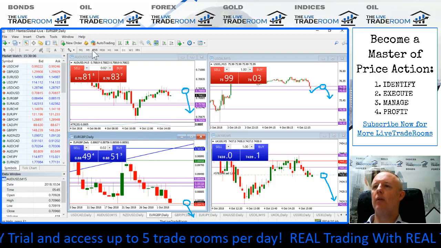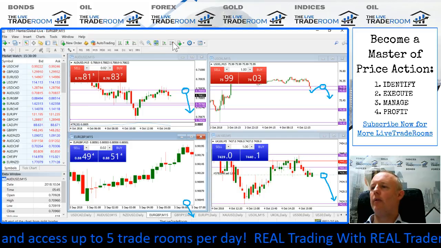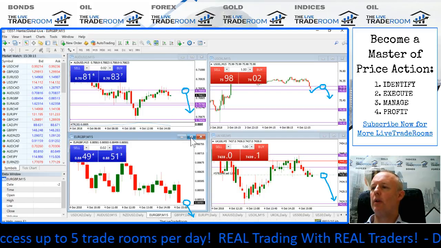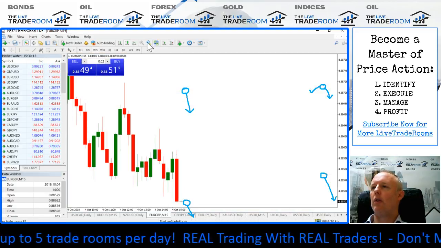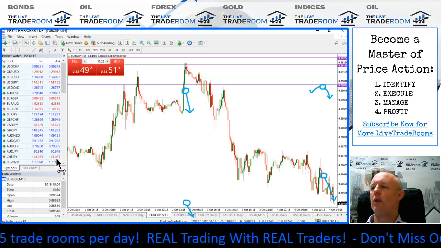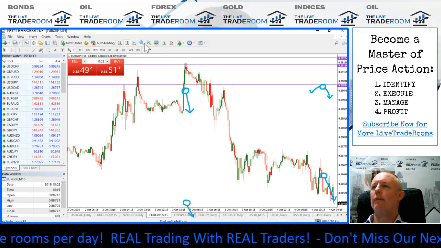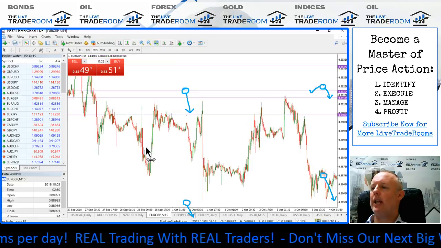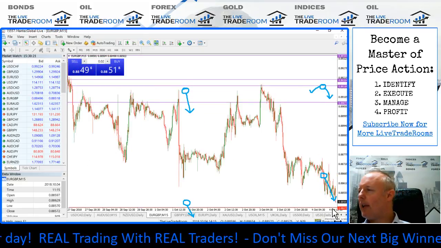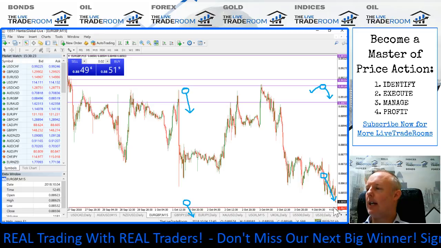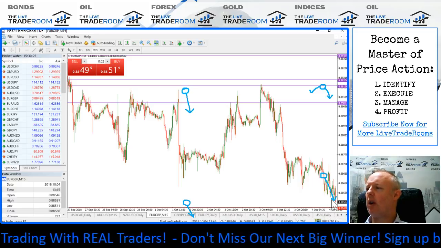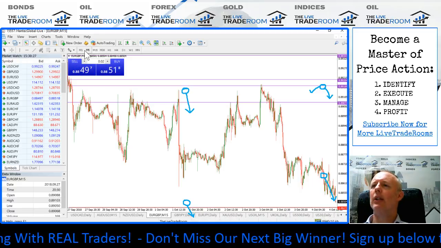So let's go into smaller time frames. So you can see the momentum from high to low. We do have the 88.47 just sitting in here just below, and we're just slowly grinding towards that level.